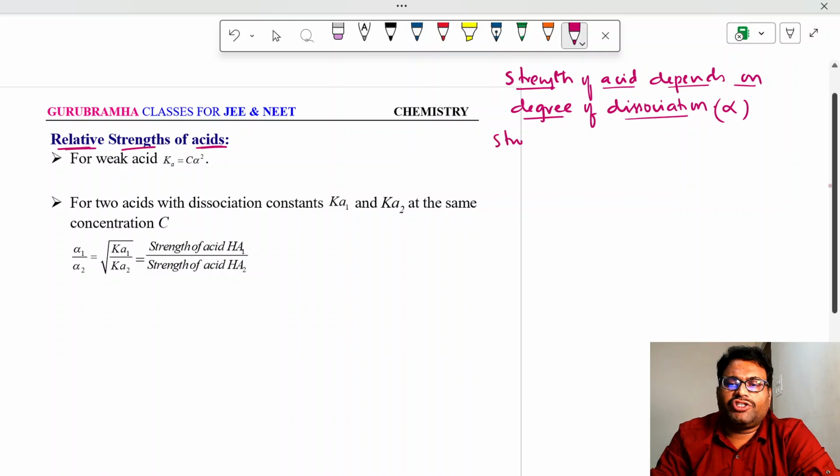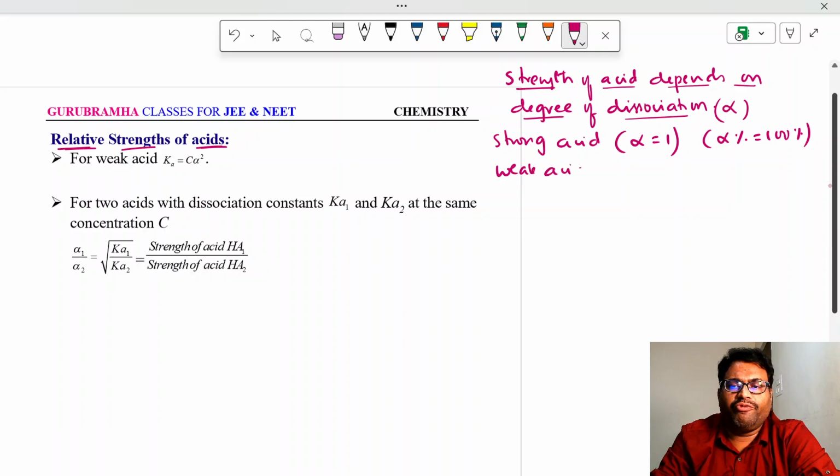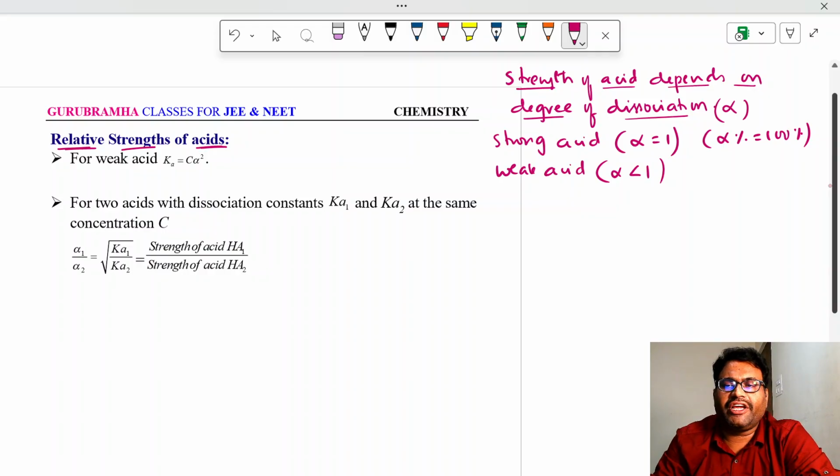So we know that for a strong acid, alpha is equal to 1, or alpha percentage is equal to 100%. For a weak acid, alpha is less than 1, so alpha percentage is less than 100%. That is the general condition.